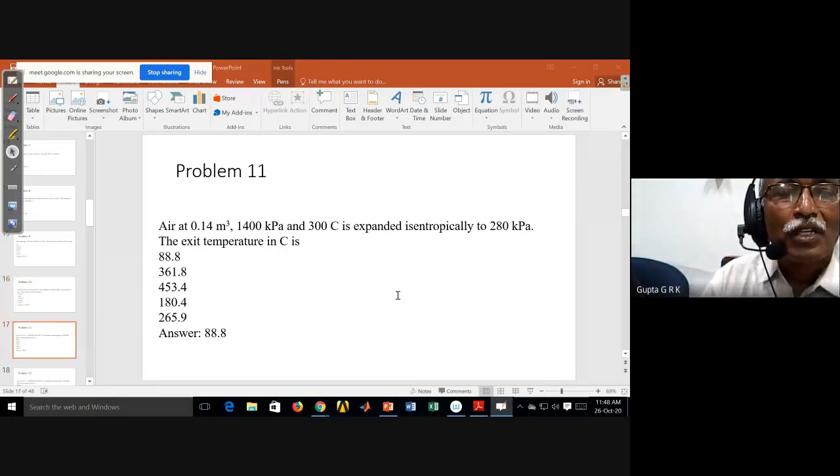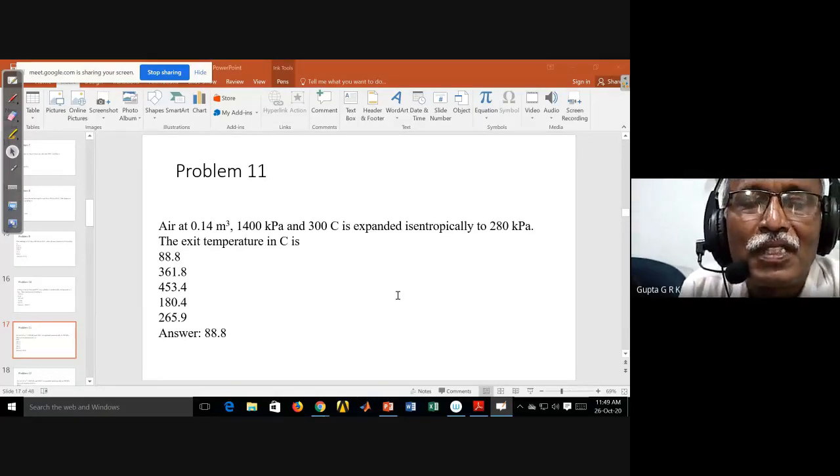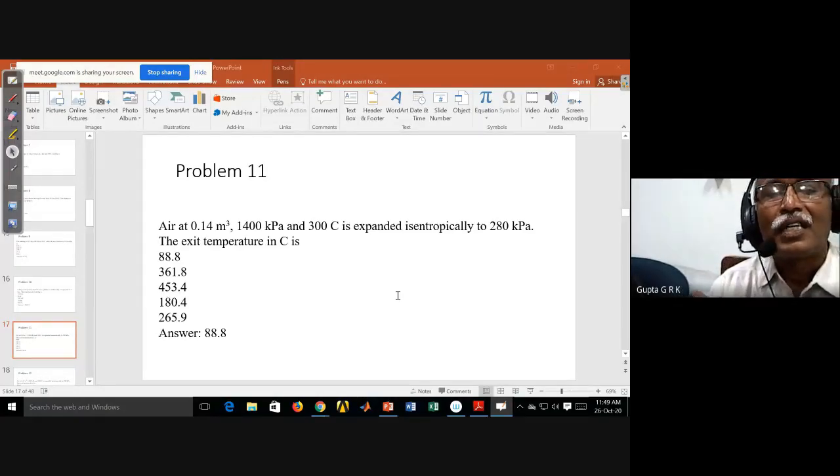And the air at 0.14 meter cube, 1400 kilopascal and 300 degrees centigrade is expanded isentropically to 280 kilopascals. Actually here 3 to 4 problems are given with the same data. So one by one, if you have calculated values, you can use those. P1 is given, P2 is given, and it is isentropic.